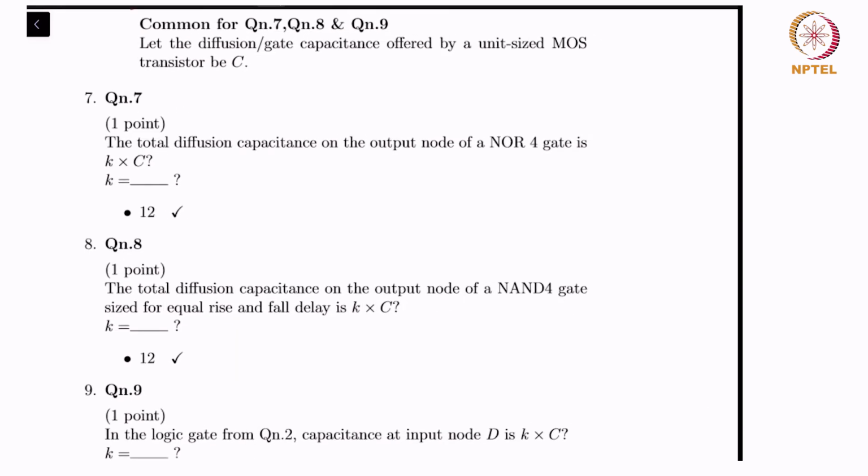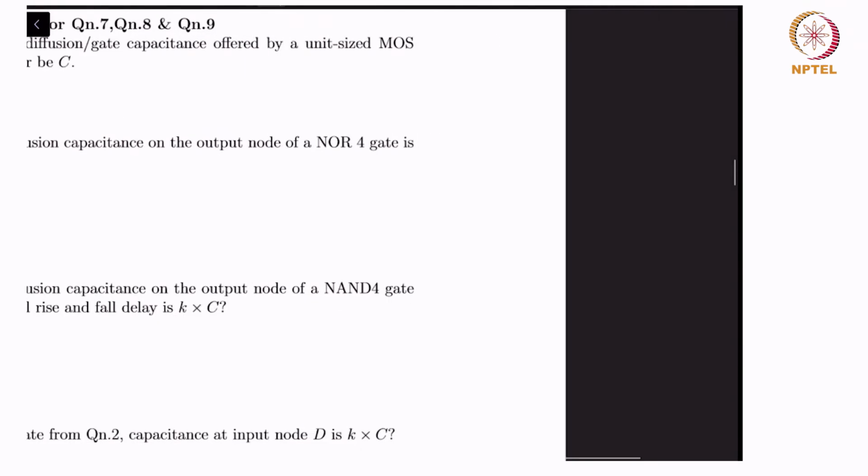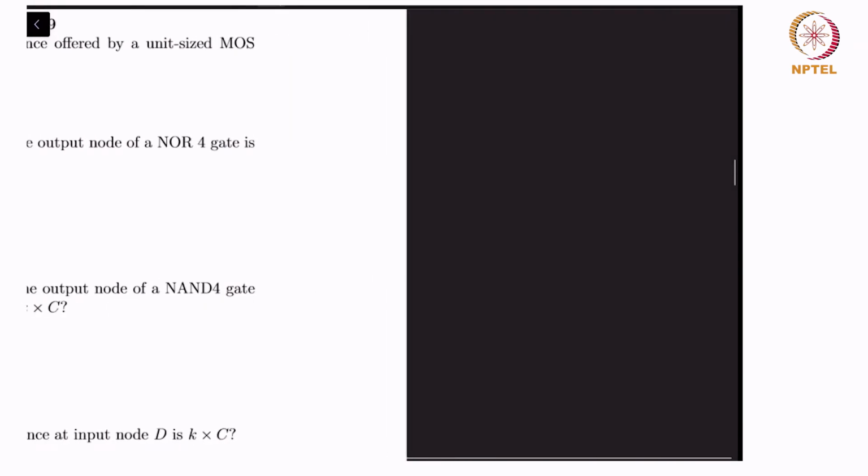In question 7, the total diffusion capacitance on the output port of a NOR gate is... so let's look at a NOR 4 gate. We have A plus B plus C plus D, the whole bar, NOR 4. So on the N stack, it's fairly straightforward.